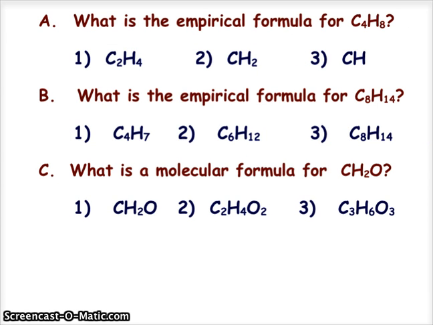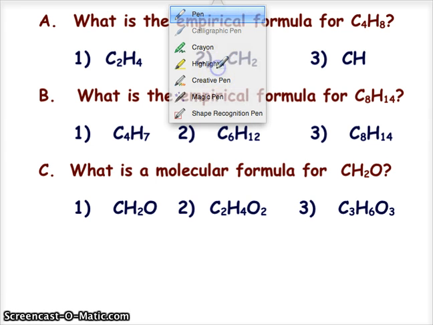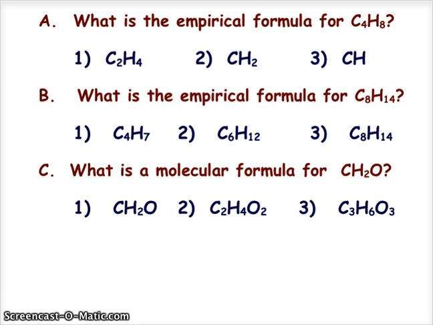So we went through some of these examples, and we remind ourselves that for C4H8, we are reducing that value to CH2, which would be this value right here. For C8H14, we reduce it to this value here, C4H7.